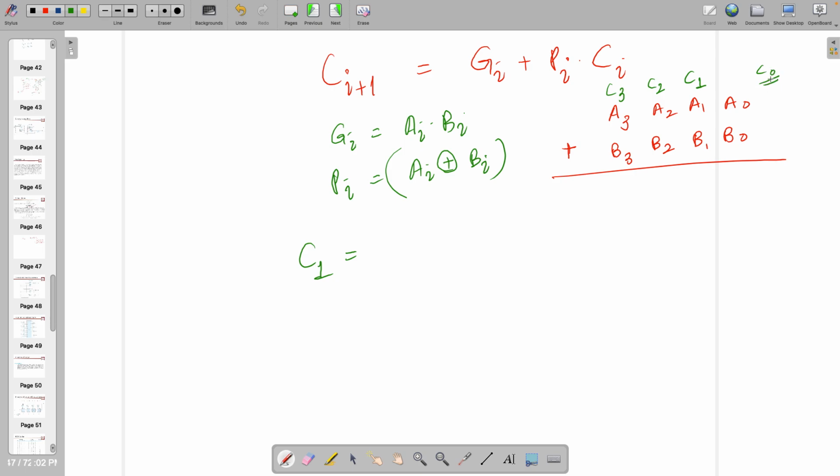So if you want to find out C1, it has to work with A and B, means A0 B0 plus A0 XOR B0 and C0, right? Same way you can write down C2 is equal to A1 B1 plus A1 XOR B1 and C1, and you can write down other equations also, and at the beginning itself it should work.